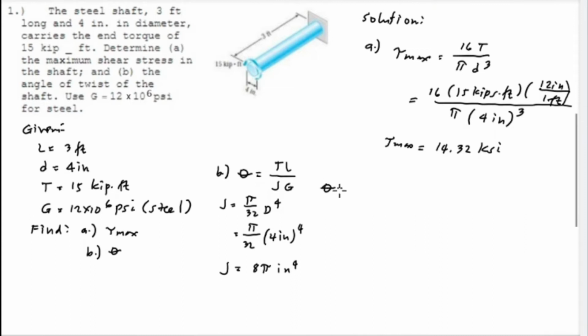Theta is equal to T, which is 15 kips-foot, or 15 times 10 to the power 3 pound-feet, and we convert feet to inch, so we multiply by 12, and multiply by the length, which is 3 feet.